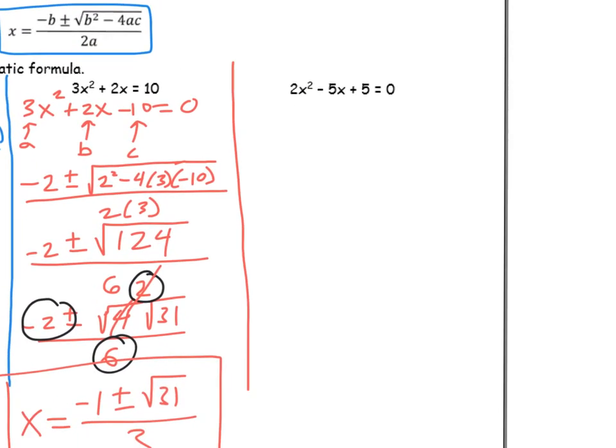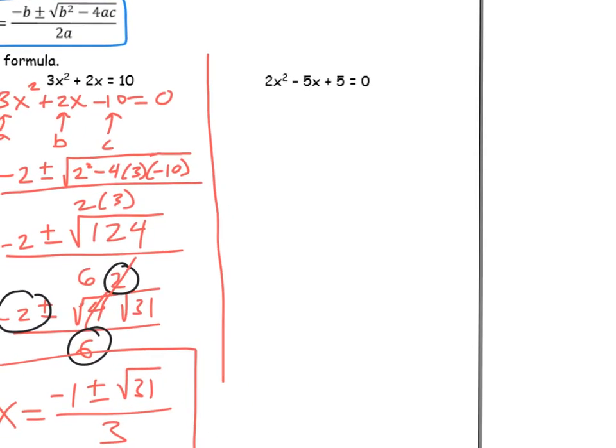All right, one more. The form looks good. A is 2, B is negative 5, C is 5. All right, let's get it all set up.